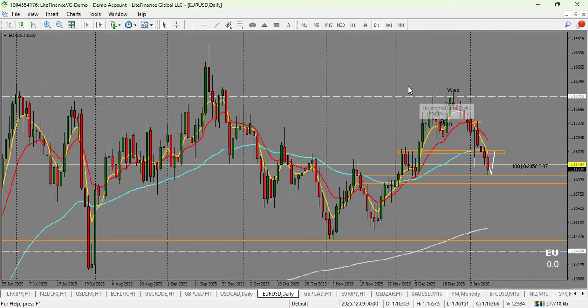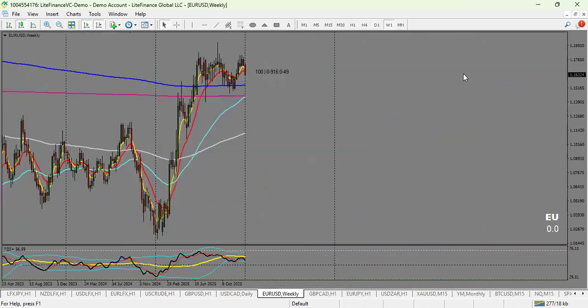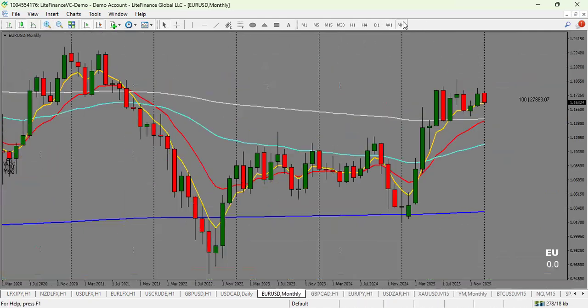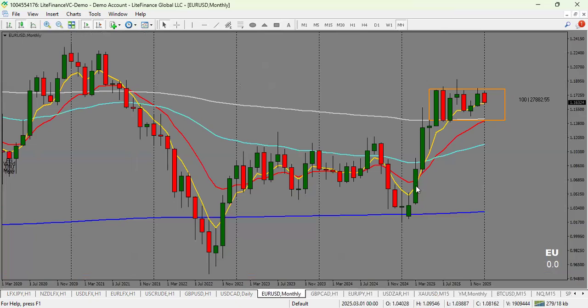So will the buy be temporary or will it be long term? Let us look at what the higher time frame is telling us. This here is also a consolidation. The market structure is bullish.